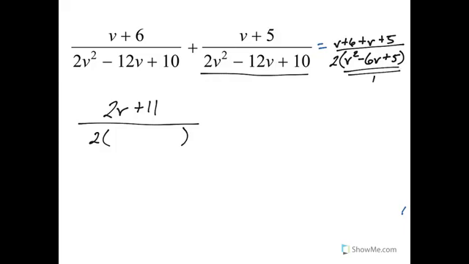Is there factors of 5 that can become 6? In other words, what I'm asking, can we factor this term? We absolutely could. Negative 1 and negative 5 add up to be negative 6, and they multiply to be 5. So we could write this as V minus 5, V minus 1.